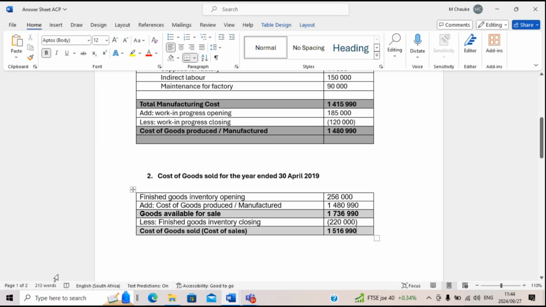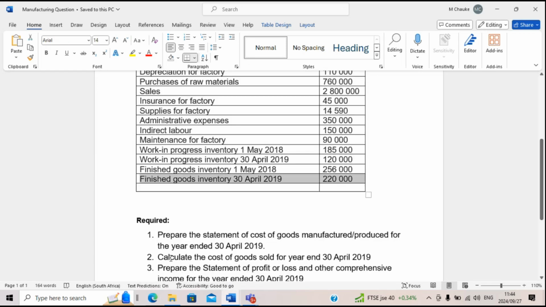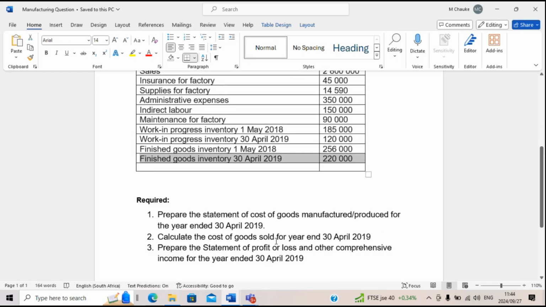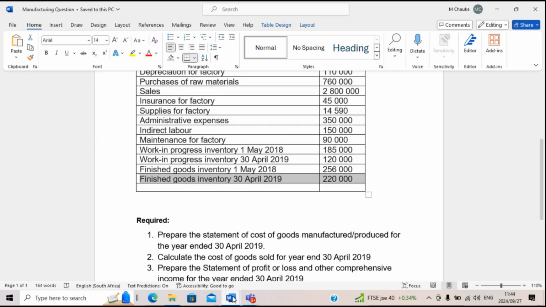That is how we calculate our cost of goods sold, which is cost of sales, right? That is all for number 2, as required, where we needed to calculate the cost of goods sold, which is also known as cost of sales.